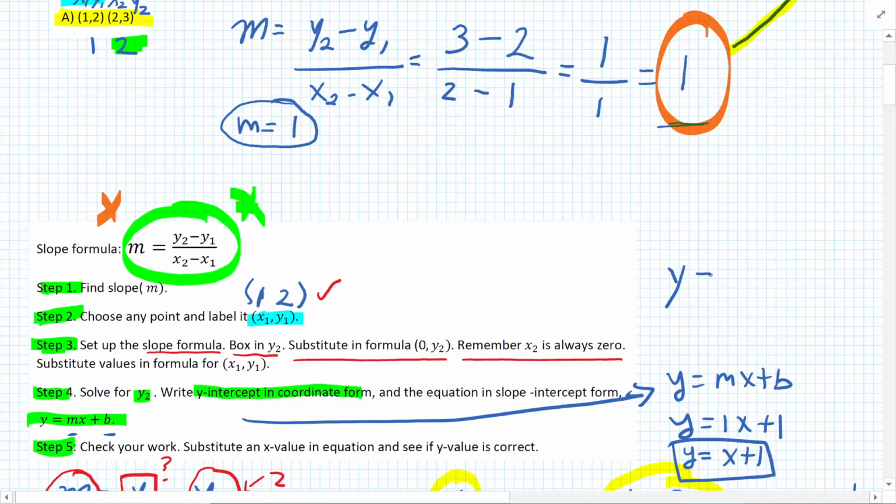Y equals x plus 1, right? Well, the x value of point 2 is 2. So y equals 2 plus 3, which is 5.